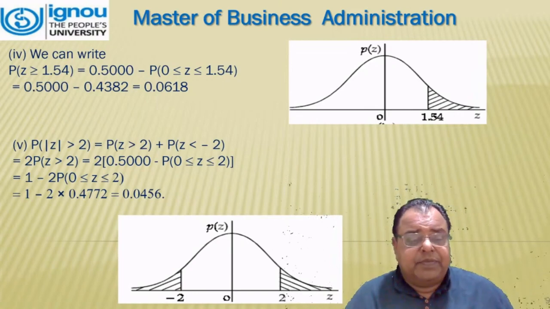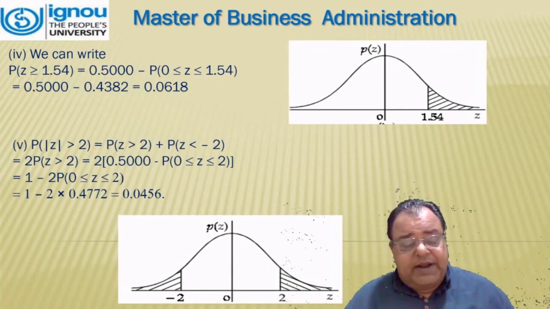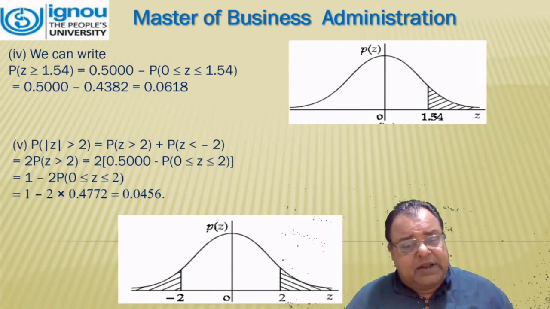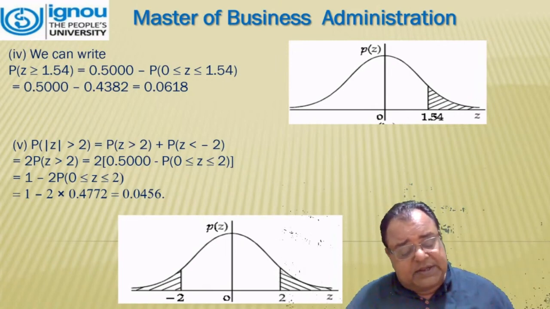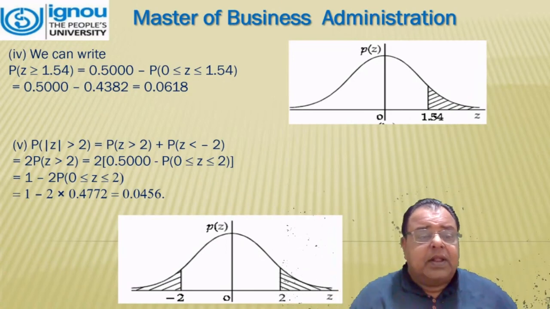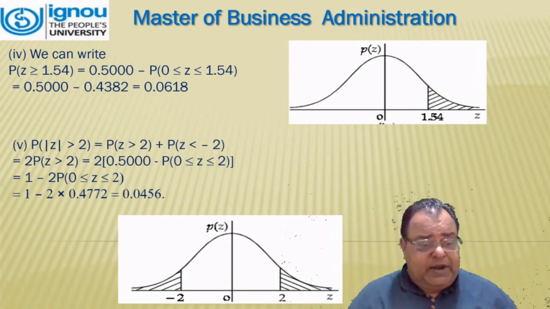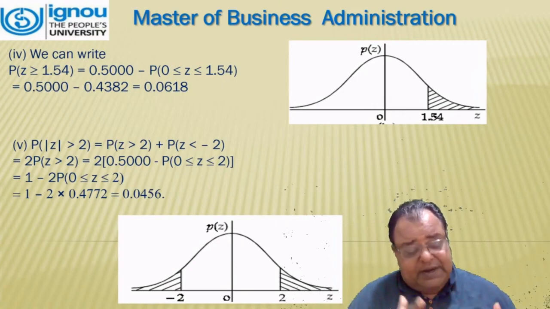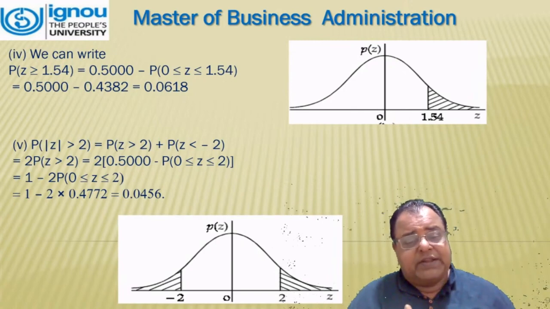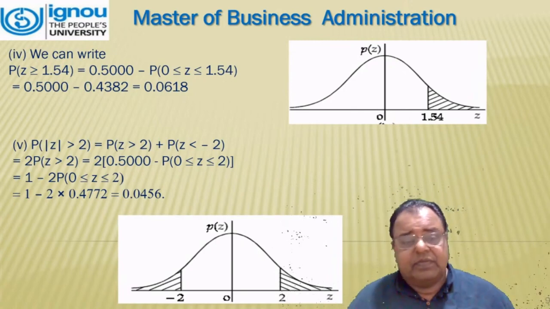That means twice the probability of z greater than 2. It is written as 2 times (0.5 minus probability 0 ≤ z ≤ 2), because we have the value for 2 from the table. At z equal to 2, we get 0.4772. After multiplying by 2 and subtracting this value from 1, we get 0.0456.